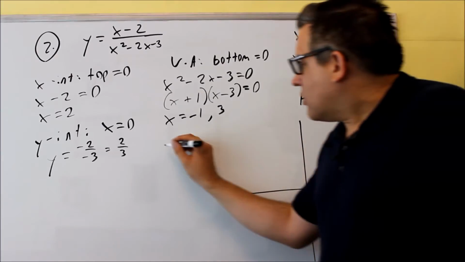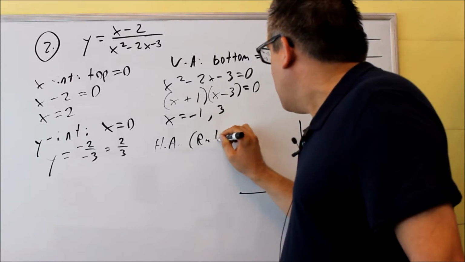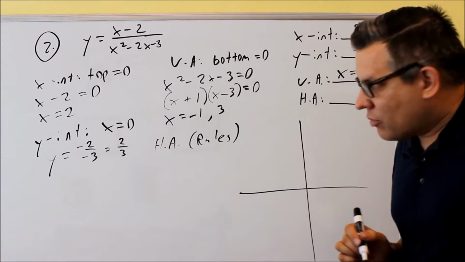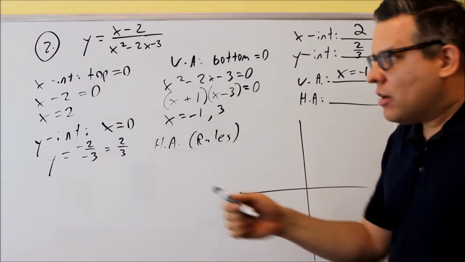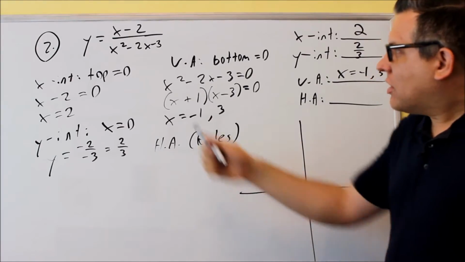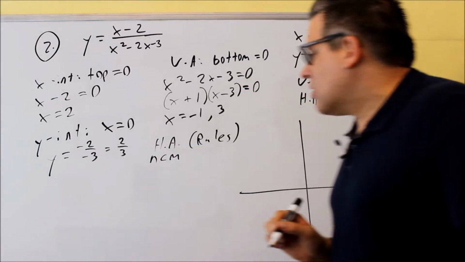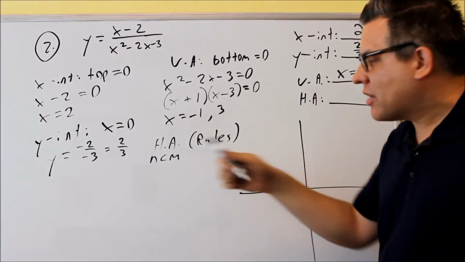Now, horizontal asymptote. I'm just going to put rules here for that one, because there are a couple of different rules that I talked about in the lecture notes. That has to do with the highest power on top, which is n, and the highest power on the bottom, which is m. In this case, the higher power is on the bottom. So what this says is that the highest power on top is less than the highest power on the bottom, n is less than m.